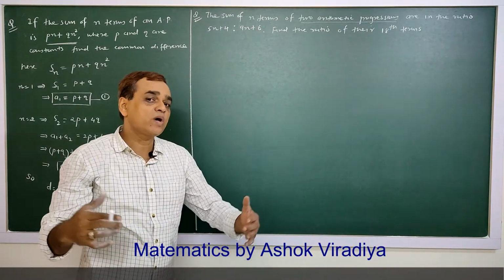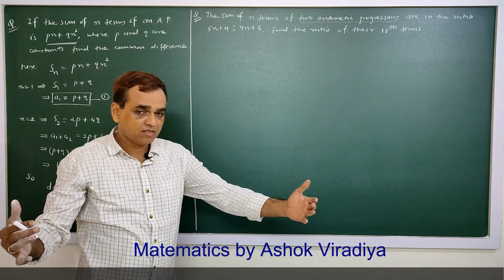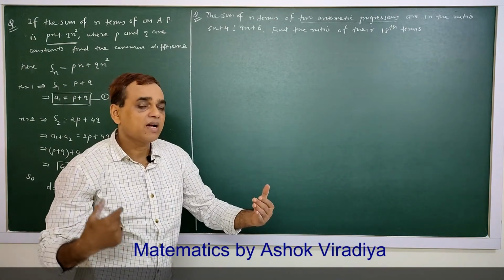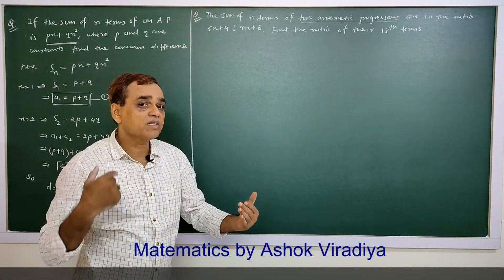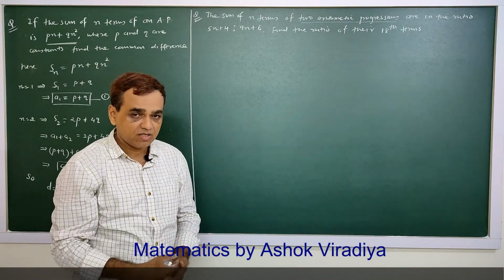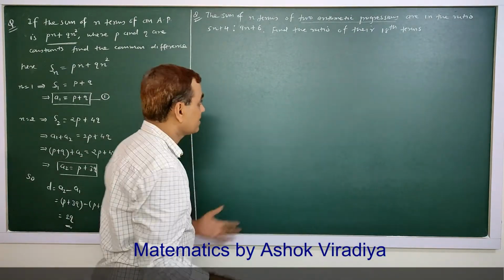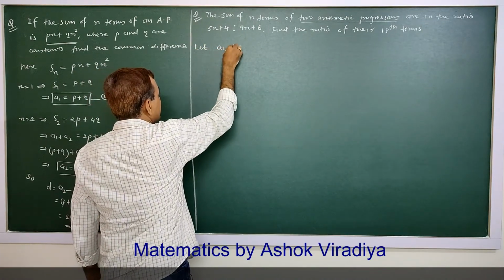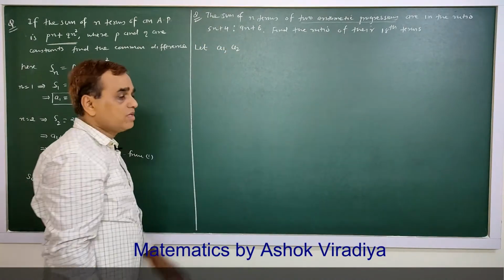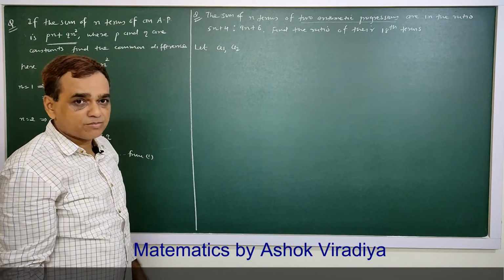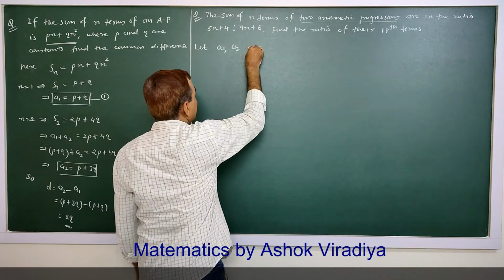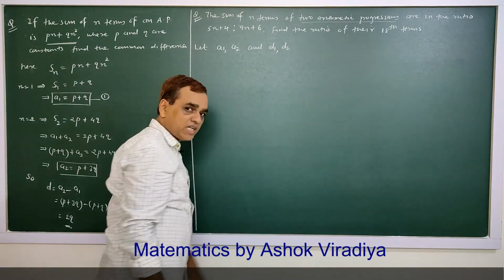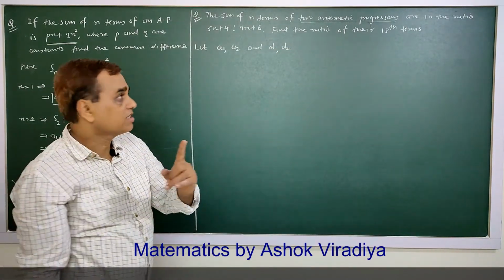Because these are two arithmetic progressions, they may have different first terms as well as common difference. So first of all, we suppose that A1, A2 are symbols for first terms, and D1, D2 are symbols for common difference.